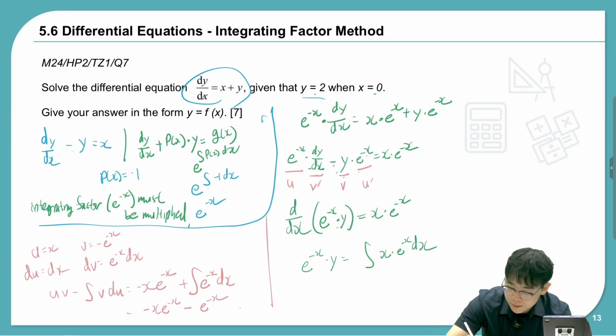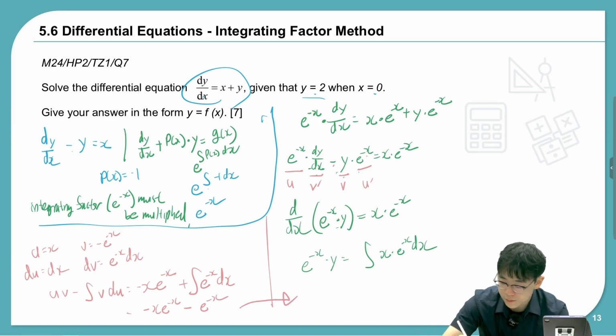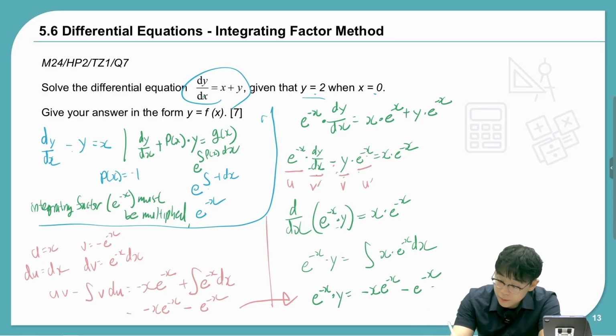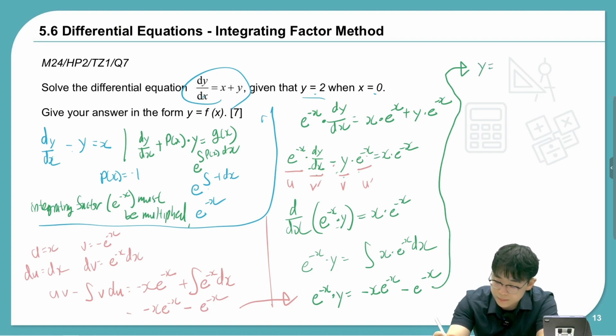So we took a small detour, but let's come back here. So we got e to the power of -x times y is negative x e to the power of -x minus e to the power of -x here. Okay. So with that, we can now move over here to say y is now going to be negative x, -1.